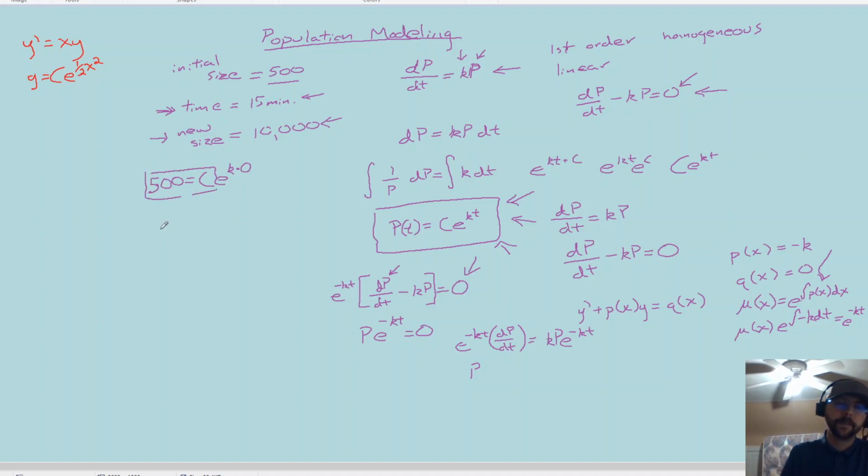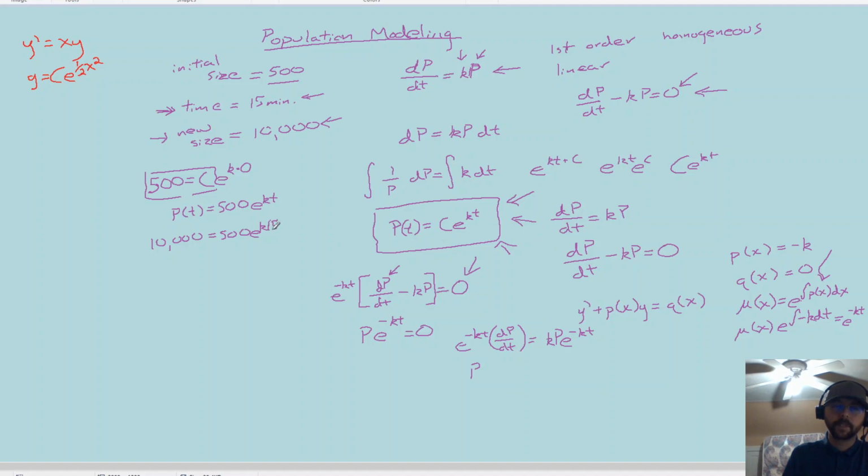So what we're left with is C equals 500. There we go. So we know that P of t equals 500 e to the kt. We still don't know k. Now we can plug in the other conditions and find k. So we have 10,000 equals 500 e to the k times 15.